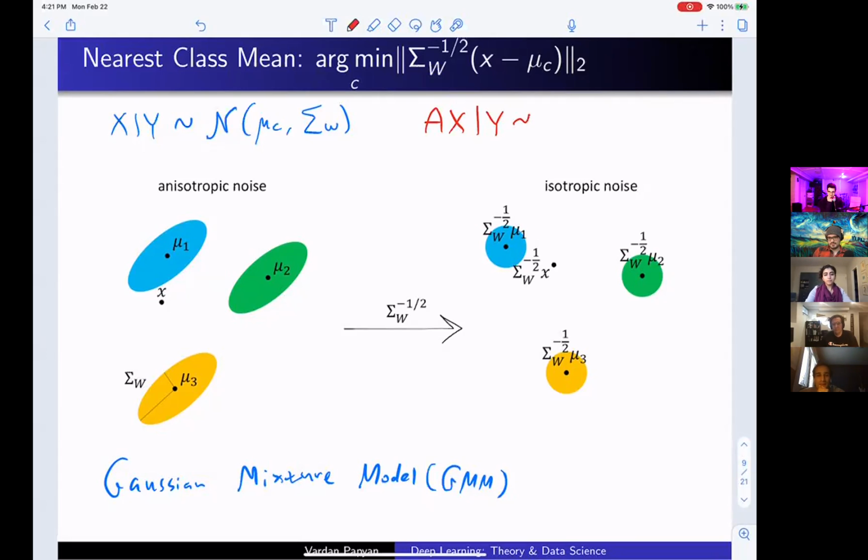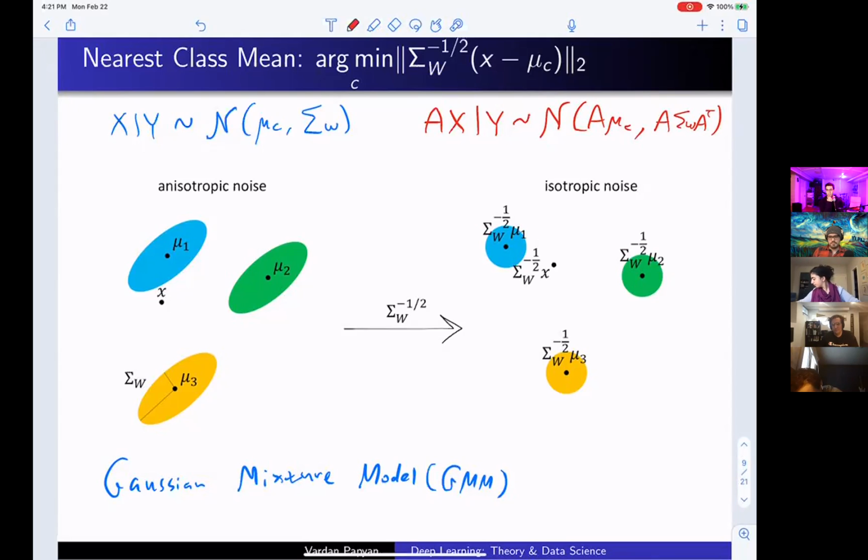Yes, Justin. So it's distributed as normal with a mean A mu C and a covariance A sigma W A transpose. If you don't believe it, try to prove it, okay?